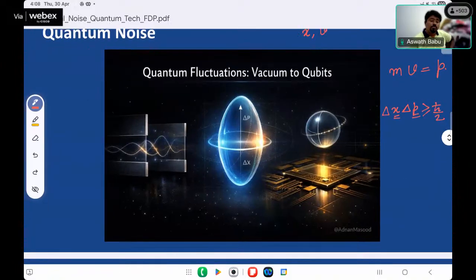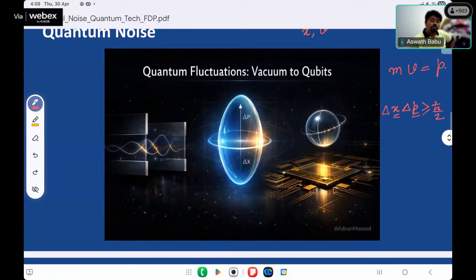See here, I want more accuracy in the case of position. What can we do? We compress the error at the position level and increase the error on the momentum side, but I want a more specific location.